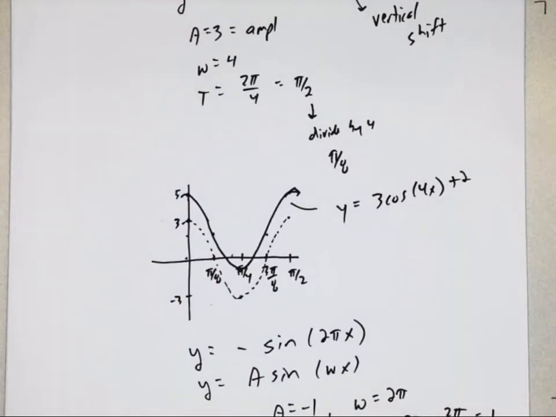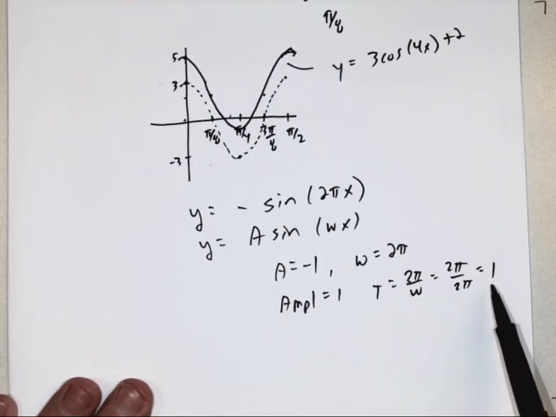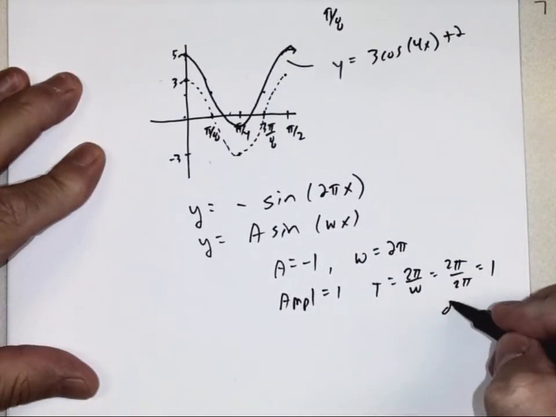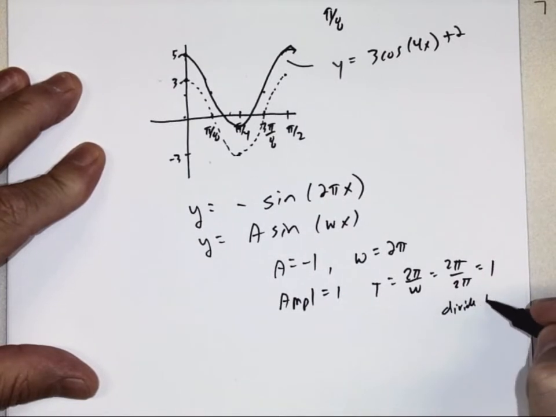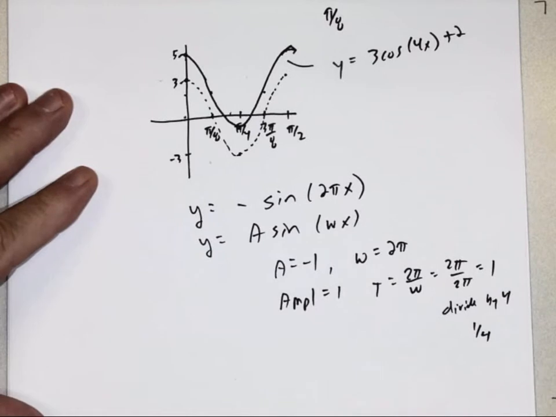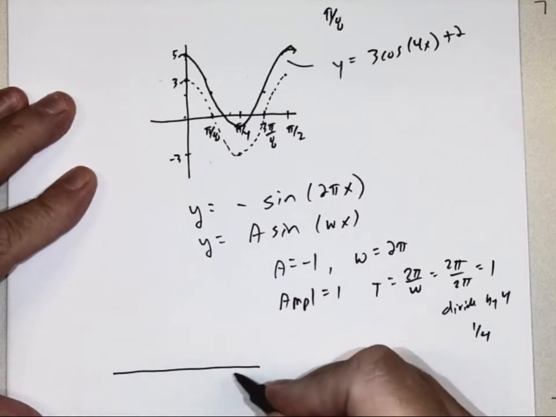But sometimes they make it like this, where because they stick a pi into the original equation, you end up with the period just being a number. But I'm still going to divide by 4. So you get 1/4. And then you go here.